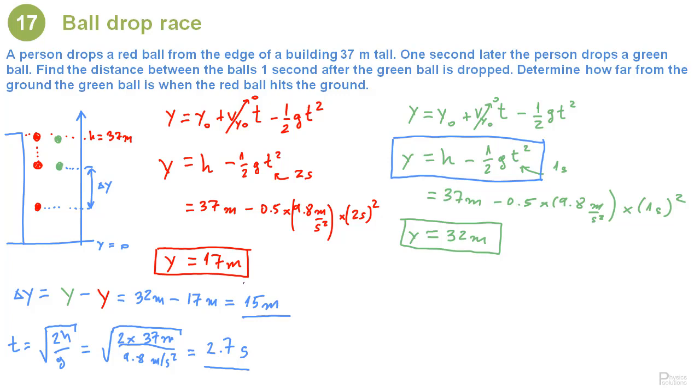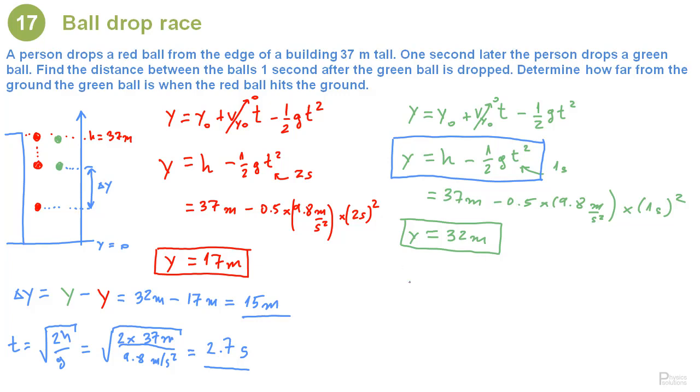Now, it is tempting to just take this time and plug it in the formula here on the right for the green ball, but we need to remember that the green ball was dropped 1 second after the red ball. That means that when the 2.7 seconds happen, the point in time when the red ball hits the ground, the green ball has been traveling for 1 second less than that.